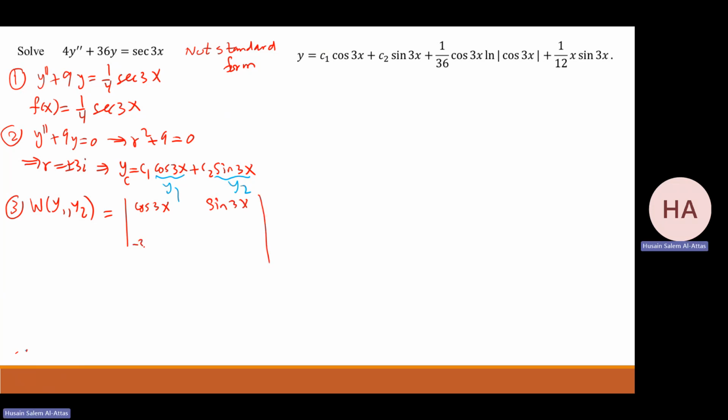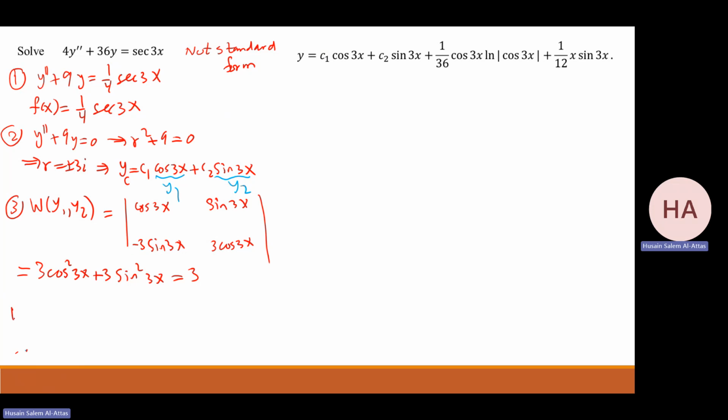What's the derivative? Minus 3 sine 3x. This is 3 cosine 3x. And that gives me what? 3 cosine square 3x plus 3 sine square 3x. Cosine square plus sine square is 1, so that will be 3.